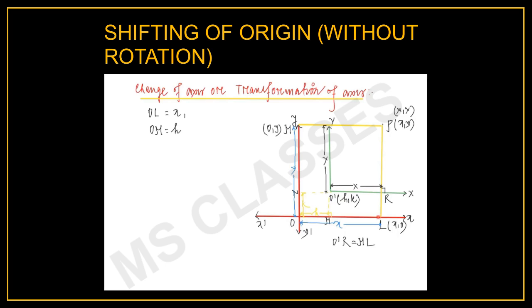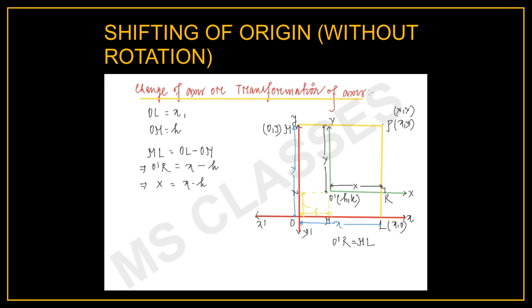Now MN is equal to OL minus OM. Now OL is length x, OM is h. So we get MN equal to small x minus h. Now MN and O prime R are the same thing, so this is equal to O prime R. From this we can say that capital X equals small x minus h.